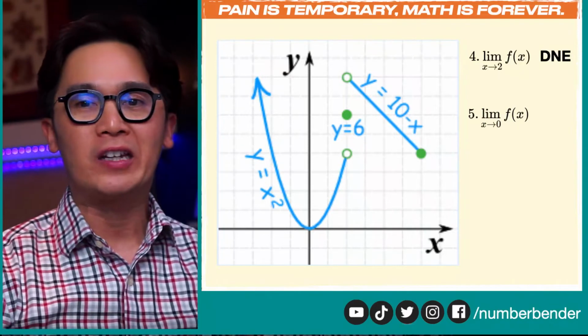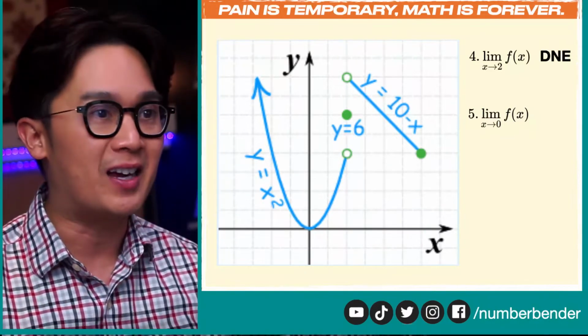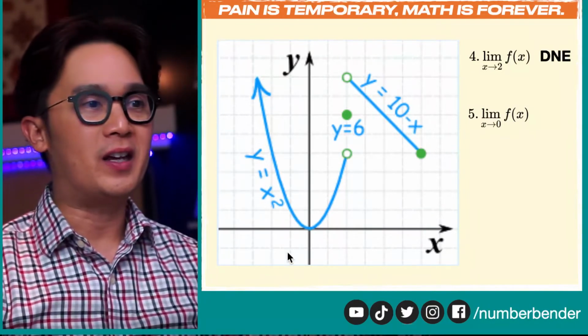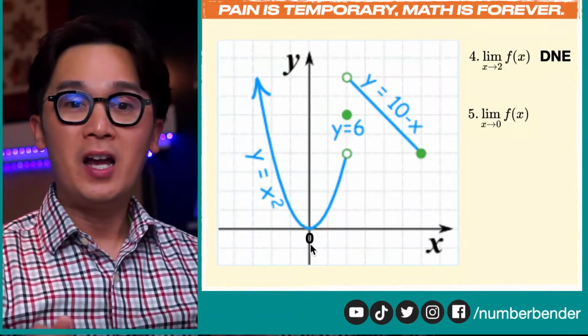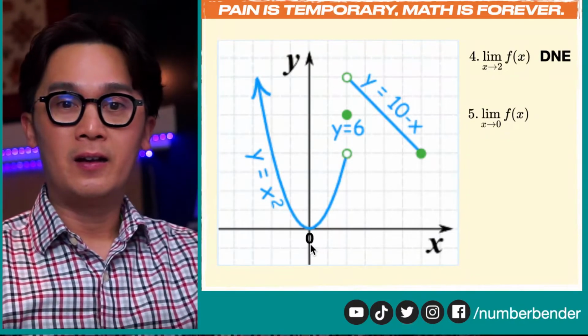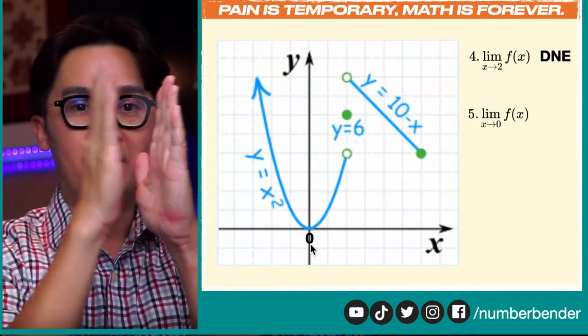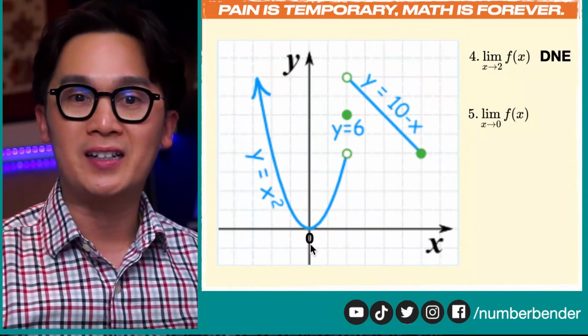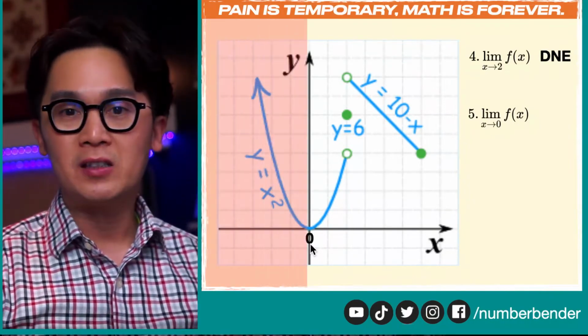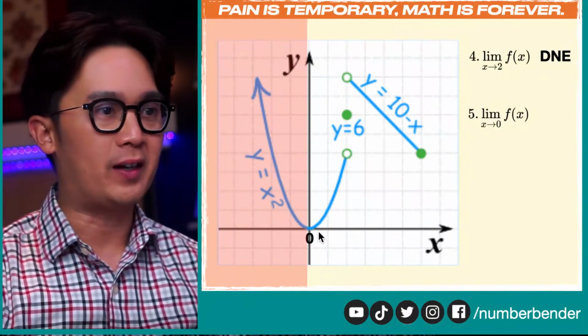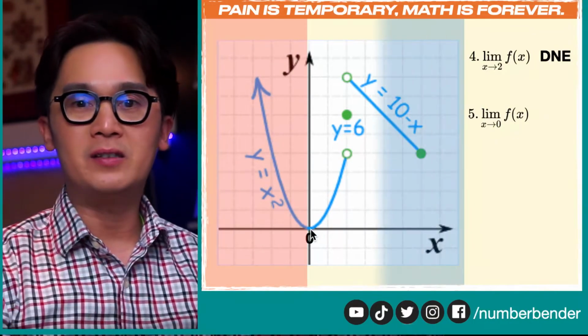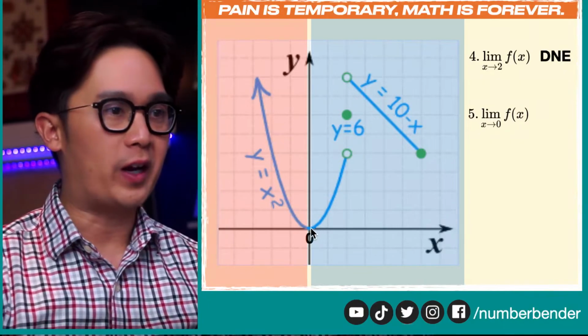So let's say we are looking for f of x as x approaches 0. So 0 is somewhere here. So from the left and from the right, let's see if it's approaching the same height. Coming from this direction, x is going to this point. From the other direction, x is also going to this point.